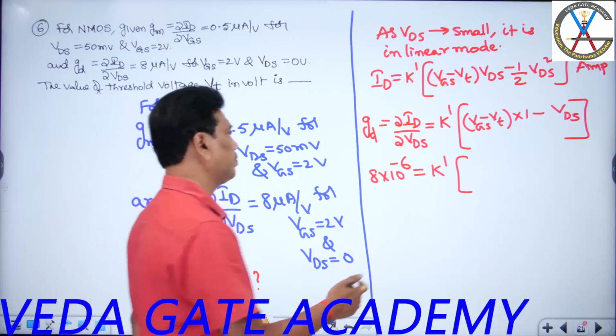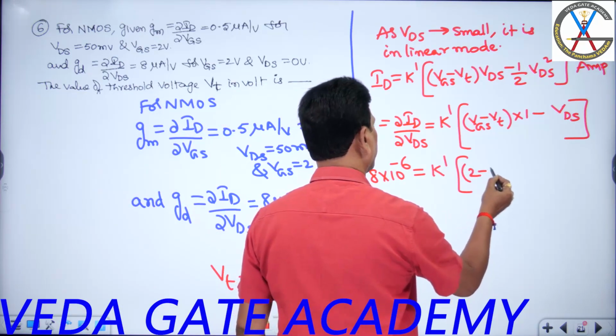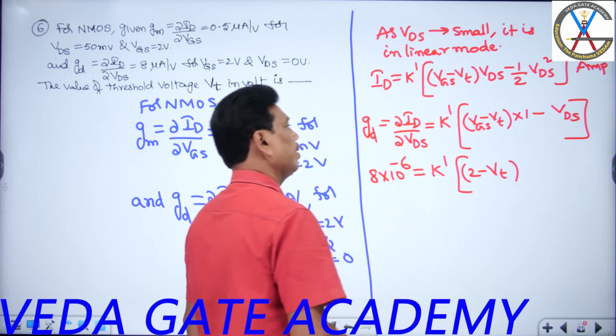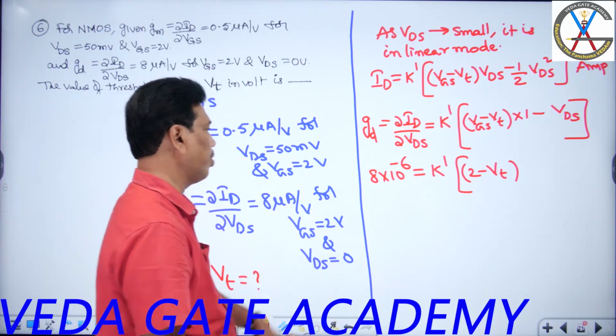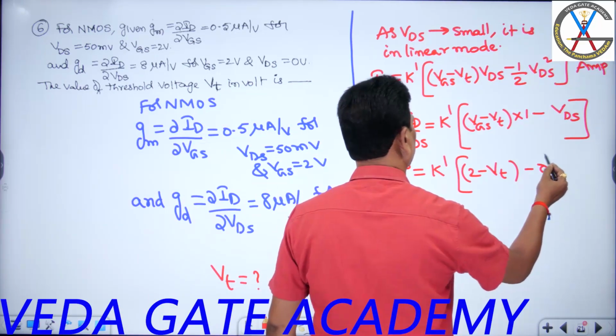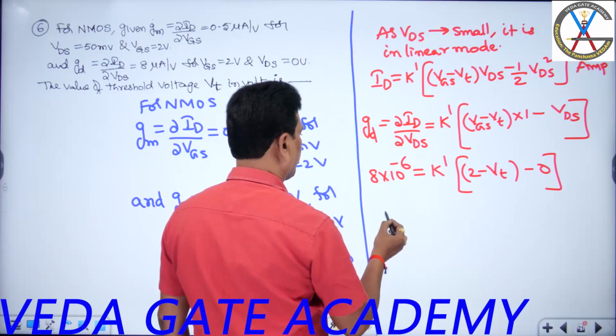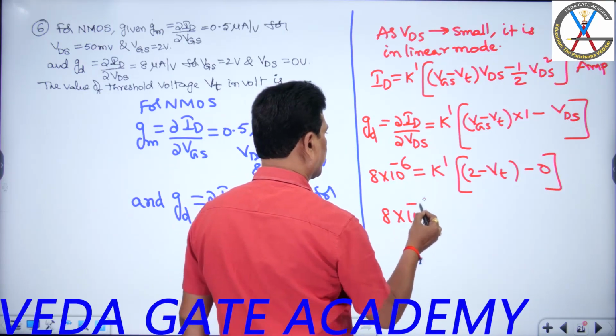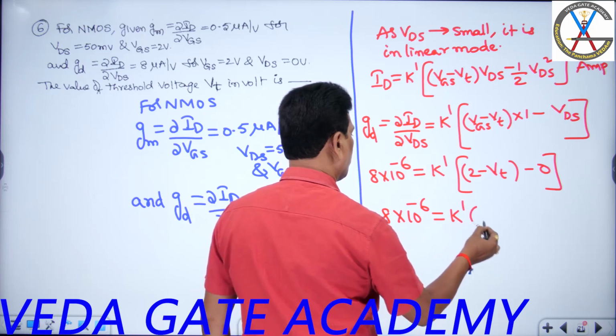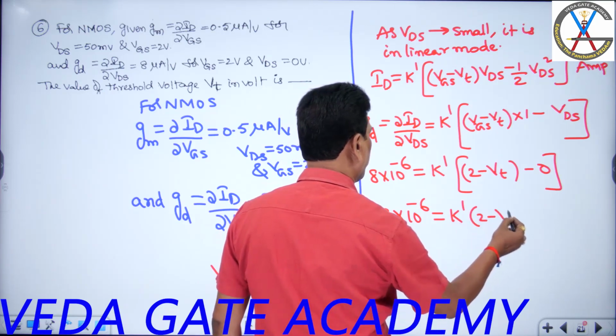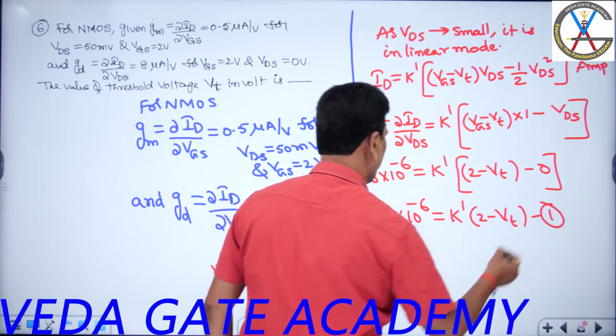VGS is 2, minus VT. VDS is 0. So finally 8 into 10 power minus 6 equals K dash into (2 minus VT). I call this equation 1.